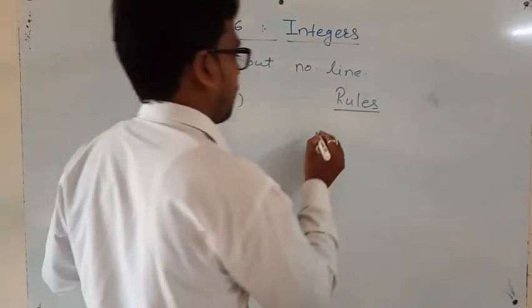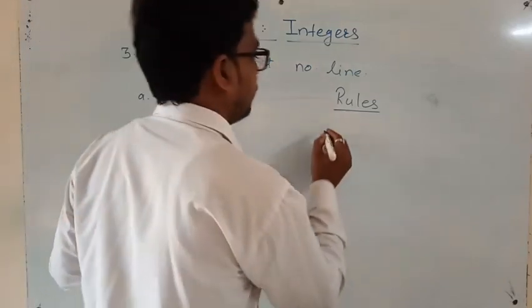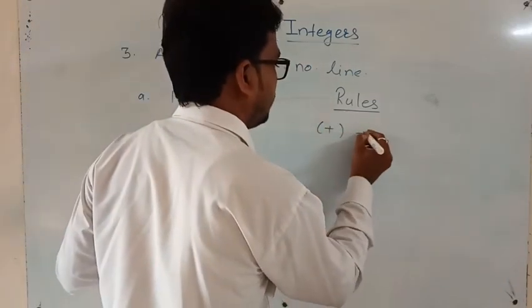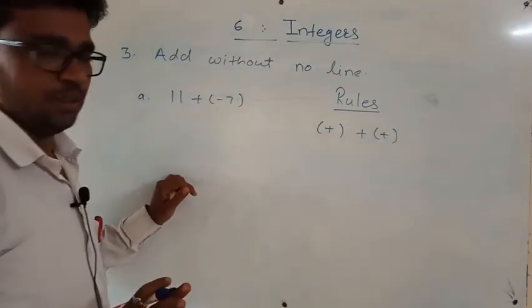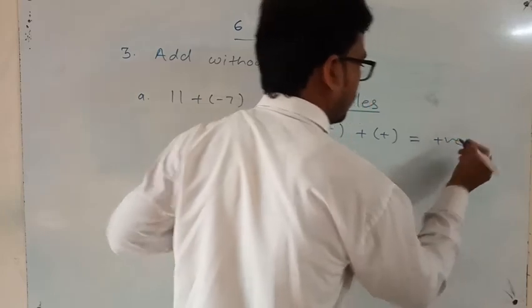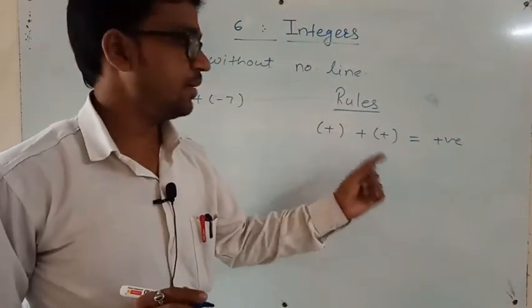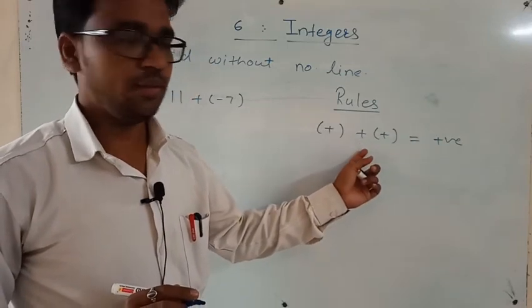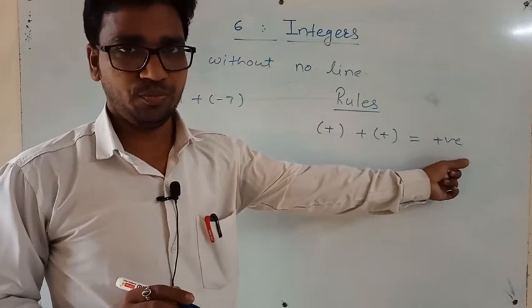If two numbers are there and we have to add them, and both the numbers are positive, then the answer is positive. If both the numbers are positive and we add them, then addition will be there and the answer will be positive.